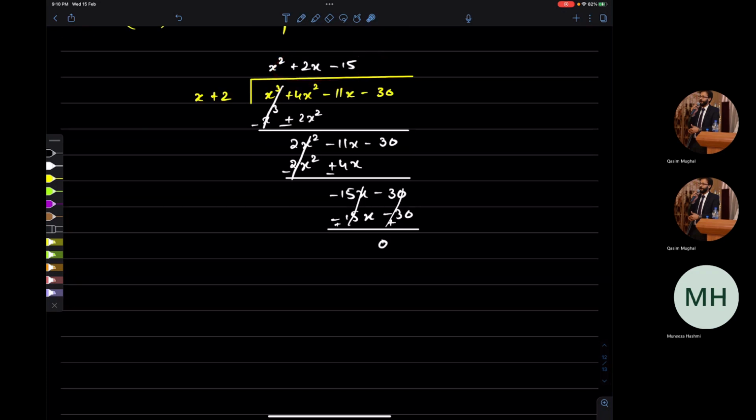So that's another factor you got on top. Another factor is, therefore, x squared plus 2x minus 15. Now we need to check if I can factorize this further, because this is a quadratic. For the two numbers, when multiplied, you should get negative 15, and the difference of the two numbers should give you 2.